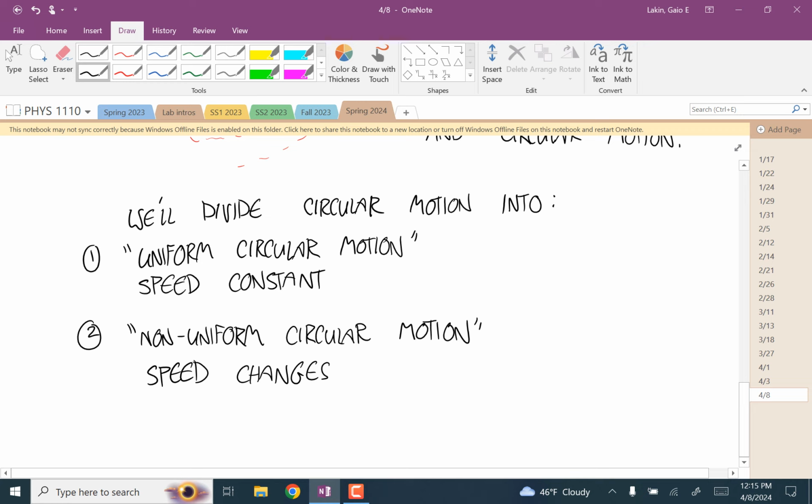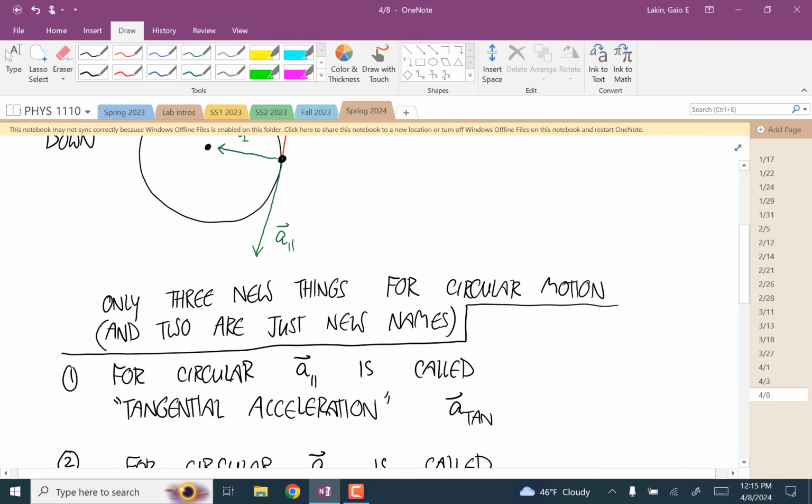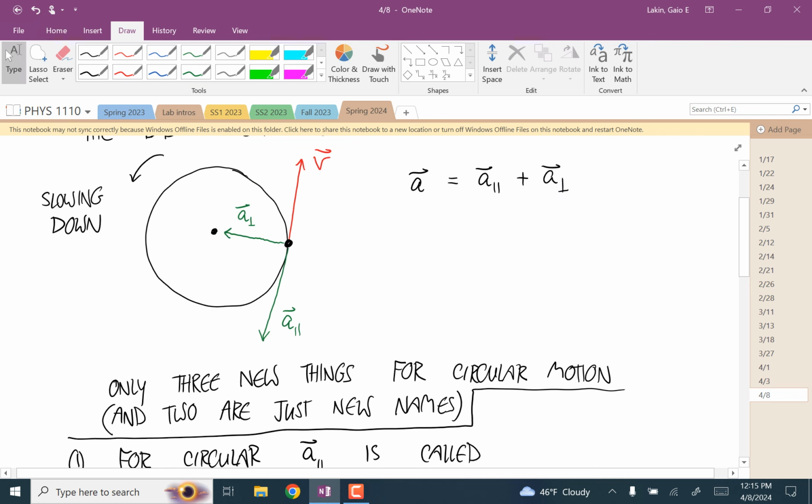Okay, so if something's in uniform circular motion, what do we know about the acceleration directions? If the speed isn't changing, in uniform circular motion, which part of the acceleration is going to be zero? The part that's parallel to the velocity or the part that's perpendicular? Parallel, yep.